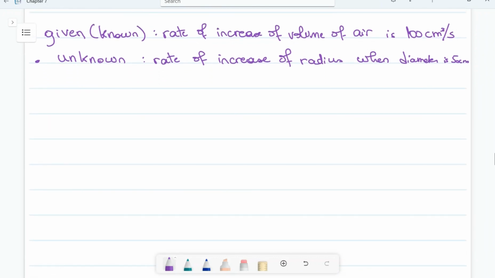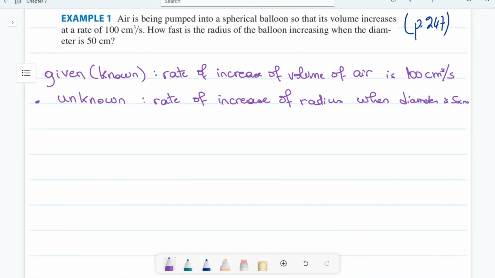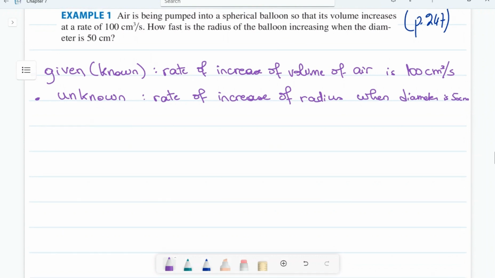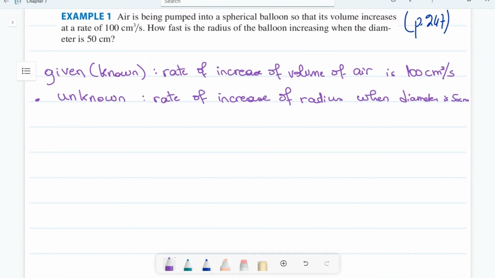Now, it's good that we identified the known and the unknown. One other thing to do is to write them as rates of increase, or rates of change. As we discussed in earlier sections, the rate of change can be written as a derivative. So, instead of writing the rate of increase of volume of air is 100 centimeters cubed per second, we can write that as dV/dt.